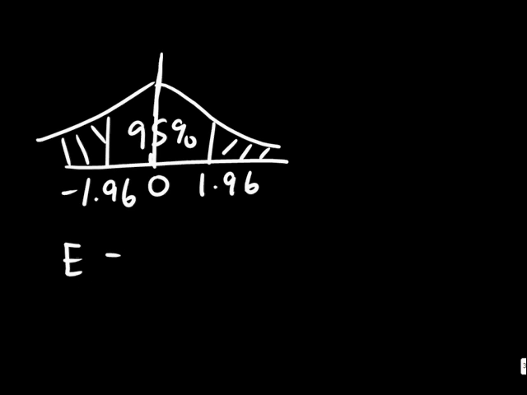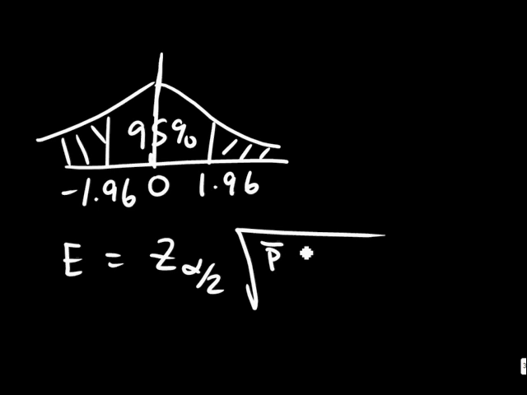Our error formula is z alpha over 2 square root sample proportion, 1 minus the sample proportion, over the sample size, where 1.96 is our z alpha over 2 value.